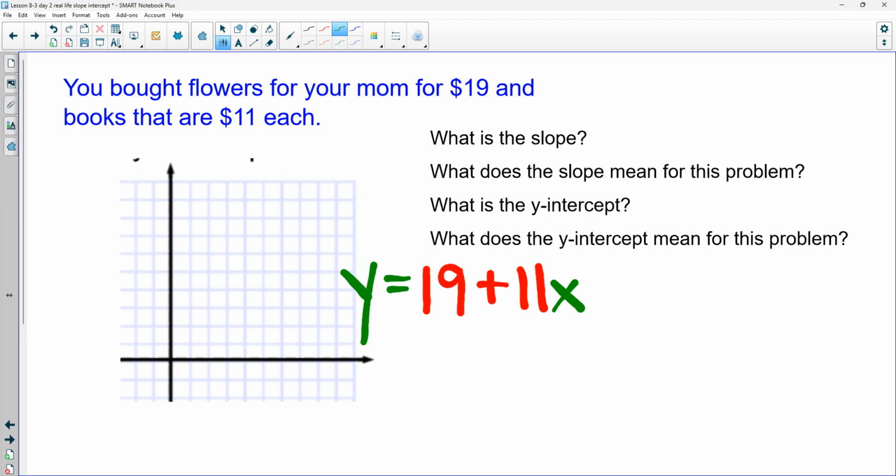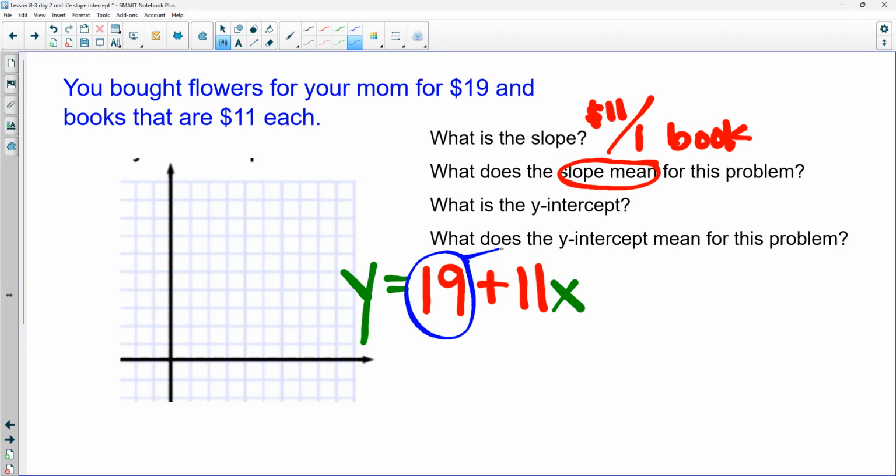What's the slope then? $11 for one book. Oh, I kind of already answered this too. What does the slope mean? $11 for one book. What's the y-intercept? Thank you for asking. 19, which refers to the cost of flowers.